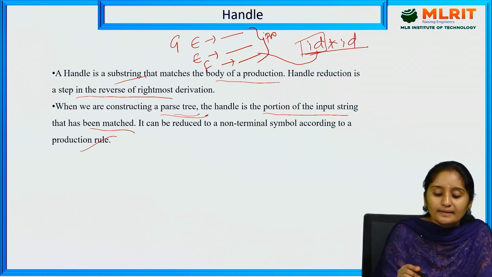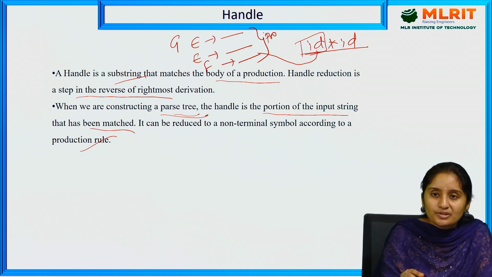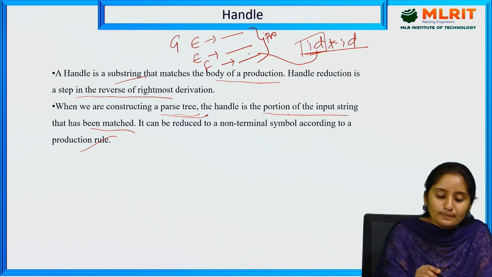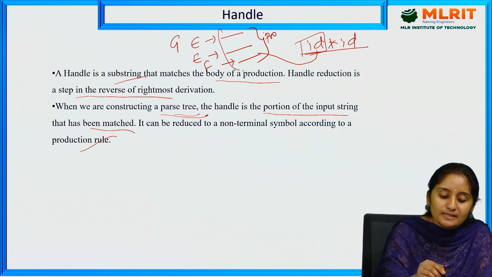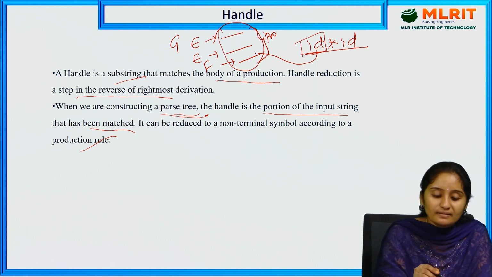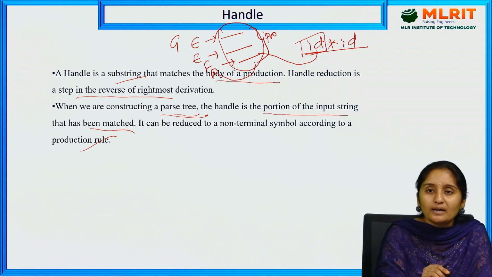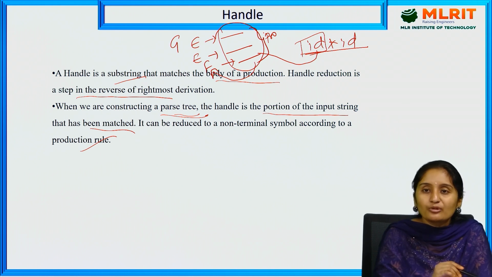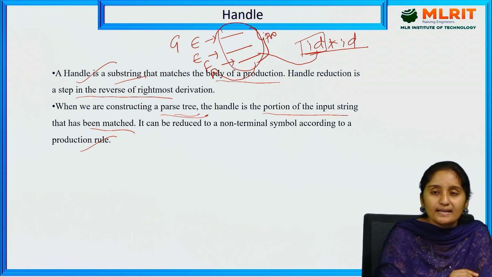So, here handle is the substring which is matching the production. If that substring matches the production in the rightmost derivation, then that production is replaced with the LHS non-terminal. We are going to reduce the production. That is what we call a handle.